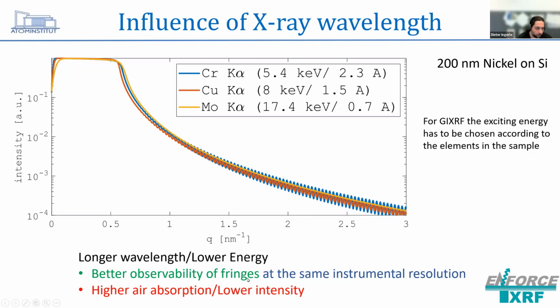Of course, the problem is that in a typical diffractometer, which is just open air space, you have much higher absorption. Chromium is much more strongly absorbed in air than molybdenum, so you lose somewhat on the intensity side. But if I don't see any fringes, then even the high intensity of the molybdenum will not help me.